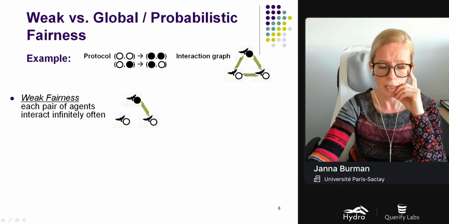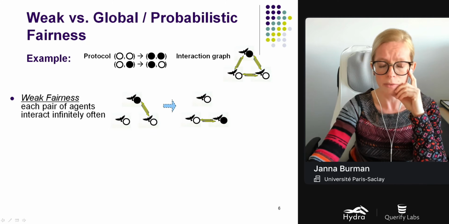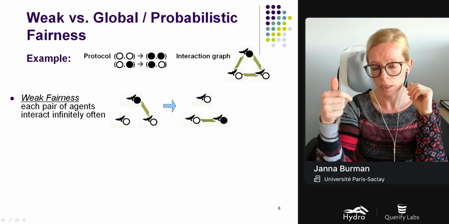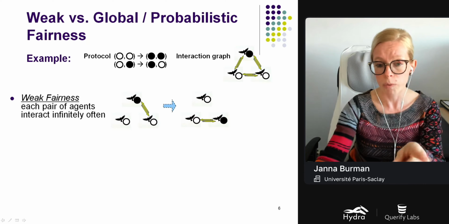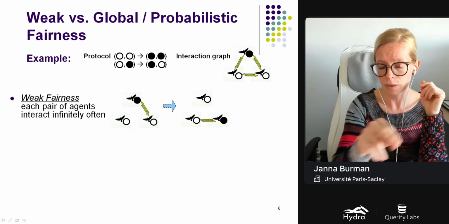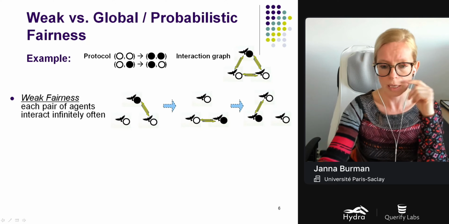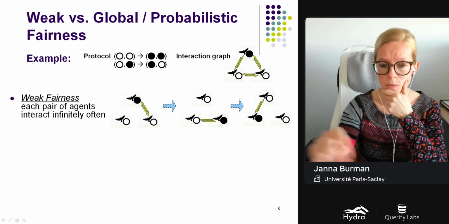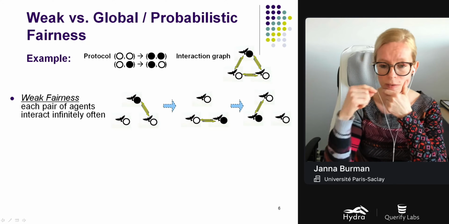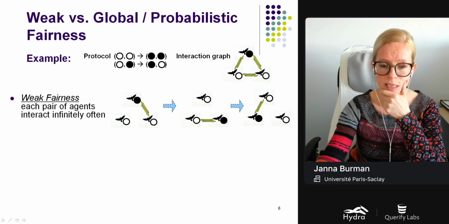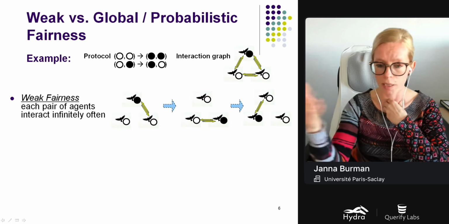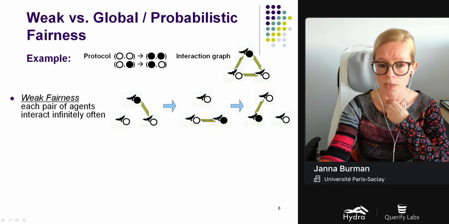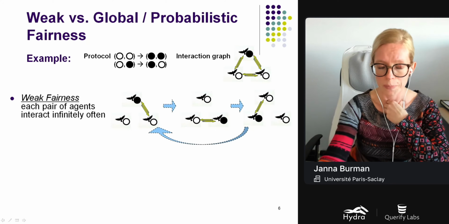You have understood maybe. So we make them interact. They swap their states. Now we make another pair below interact. Okay. We have this configuration, and we also make the third possible pair in this system interact. And now we repeat the whole scenario infinitely many times. So it gives us a possible weakly fair execution.